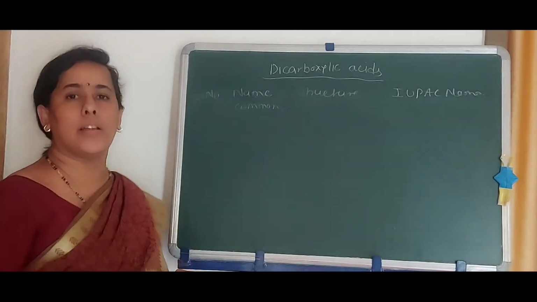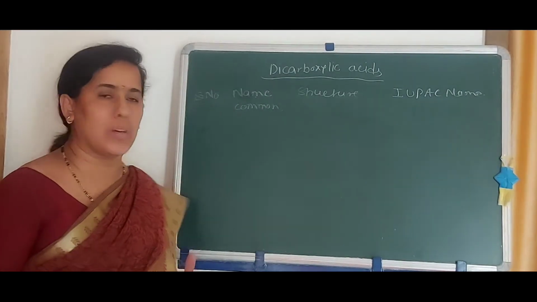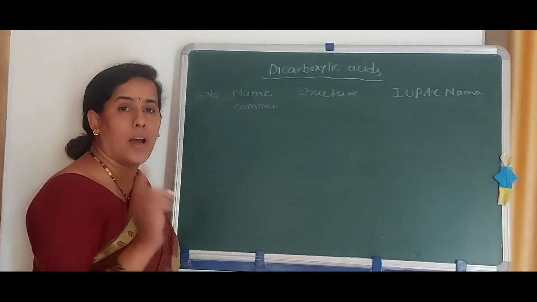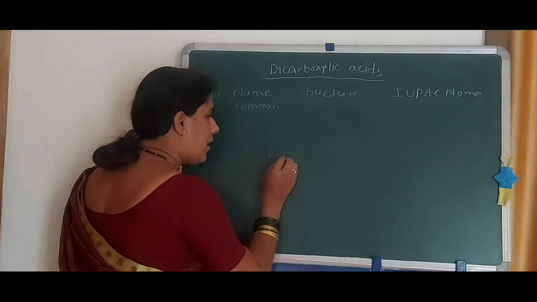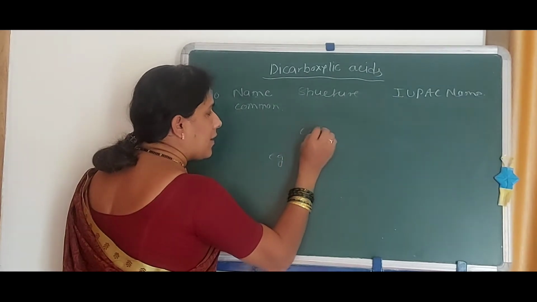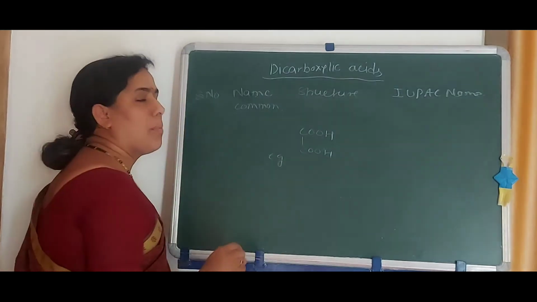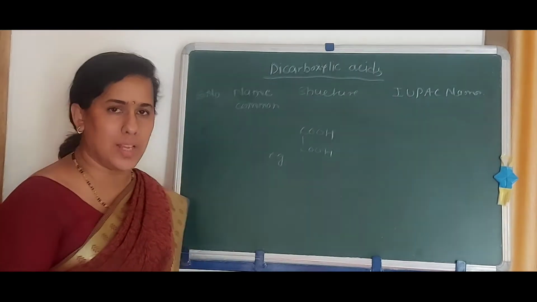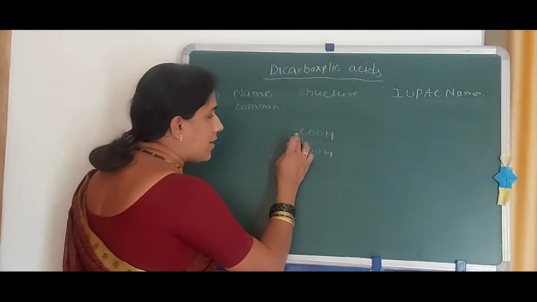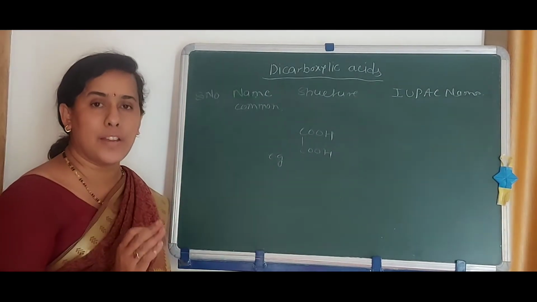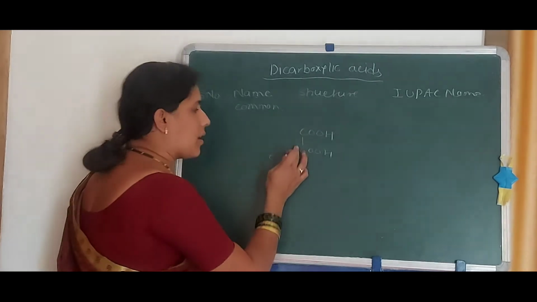Before considering the IUPAC names, we have to consider the parent hydrocarbon. For example, for the compound COOH bond COOH, the common name is oxalic acid. While considering its IUPAC name, first, how many carbon atoms?